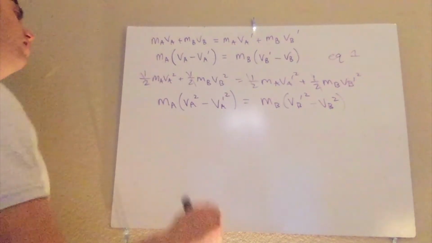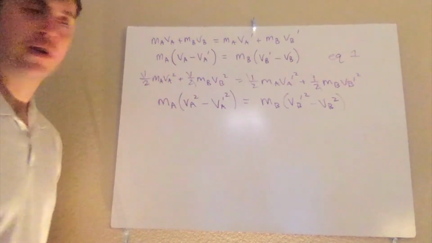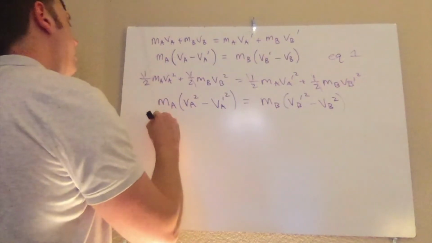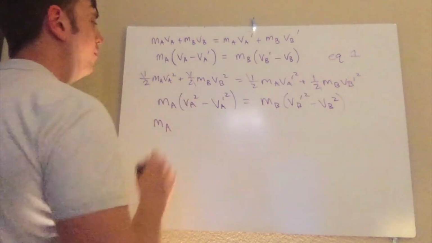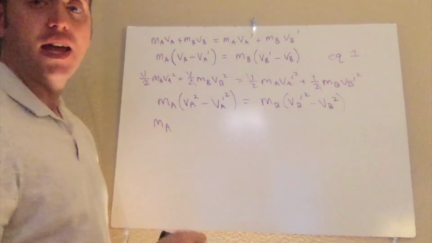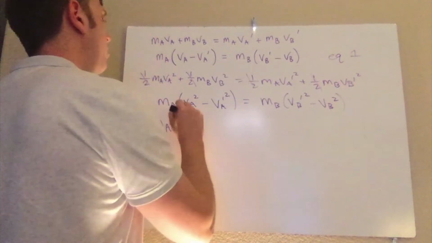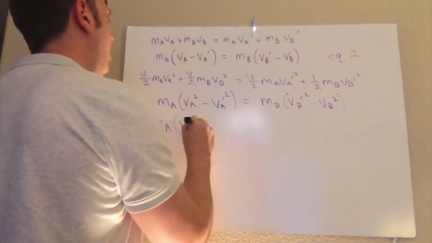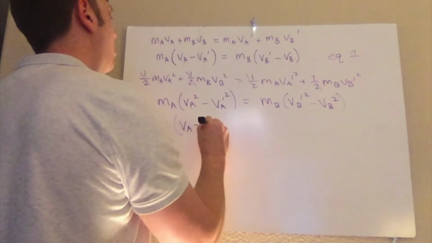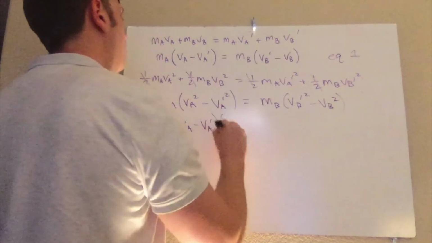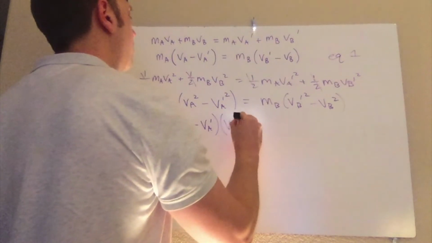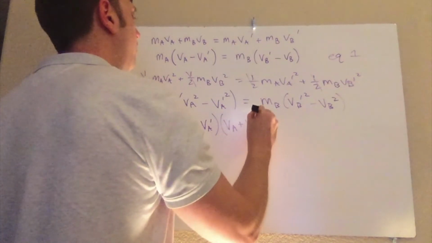All right, so we can actually go a step further with this one. If you see VA squared minus VA prime squared, you should realize that it can be factored out. I can rewrite this as VA minus VA prime times VA plus VA prime.